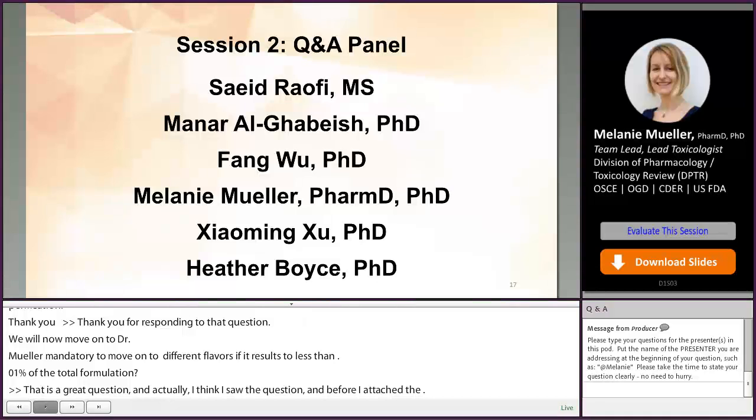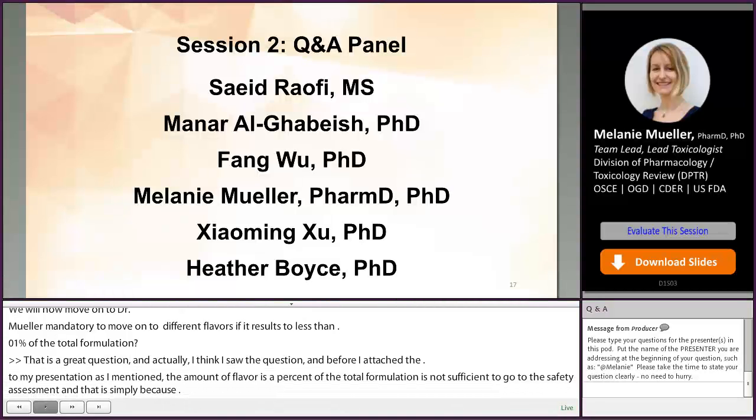And that is simply because 0.1% might not seem a lot, but if you look at the maximum daily dose of an oral formulation, exposure to the flavor or its individual components likely exceed safety thresholds, and therefore the safety still needs to be assessed. The flavor still needs to be qualified, even if it's less than 0.1% of the formulation. Thank you.